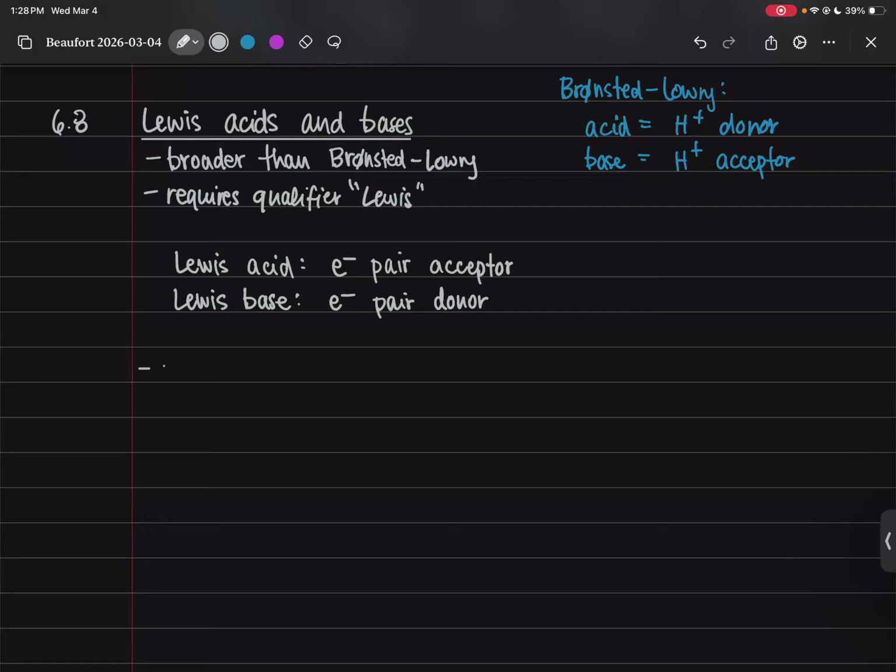Lewis acid-base reactions don't require proton transfer. And when you're drawing the mechanism, usually there's just one curved arrow rather than two as in a proton transfer process, which is Bronsted-Lowry.